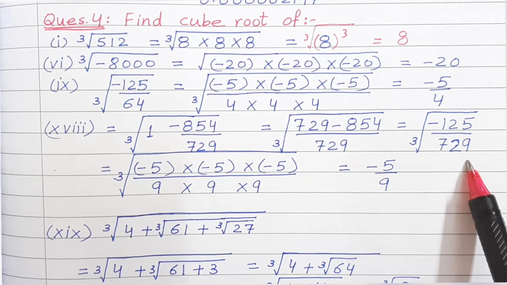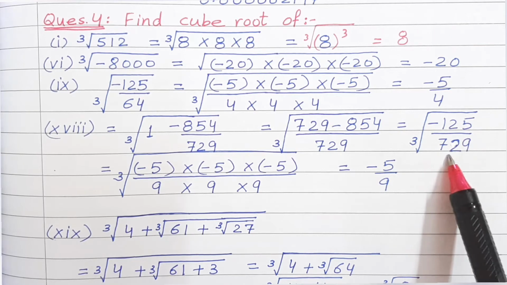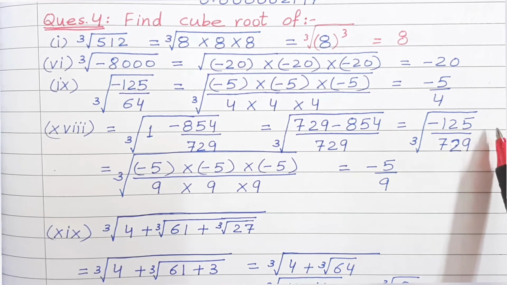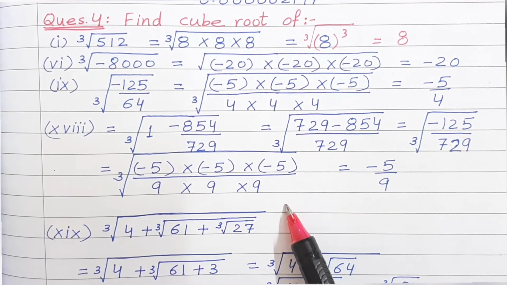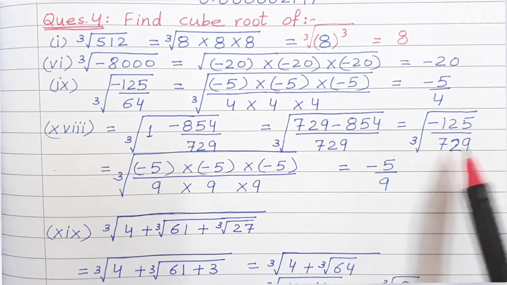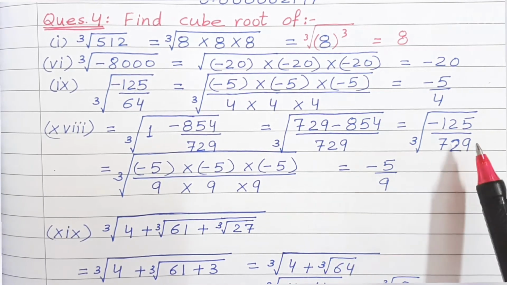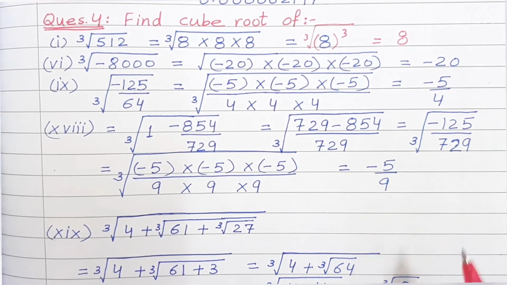So we will get this as minus 125 upon 729. Now 125 is a cube of 5 and 729 is a cube of 9. I am repeating again, if children you don't know the cubes directly, you are allowed to do with prime factorization method, right?